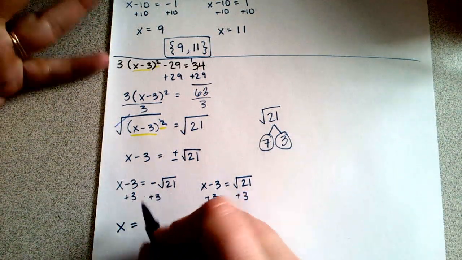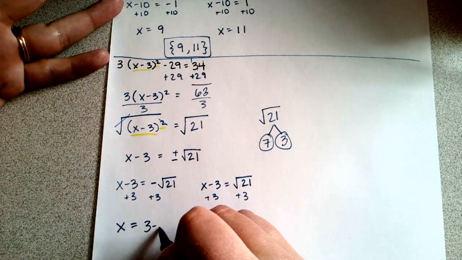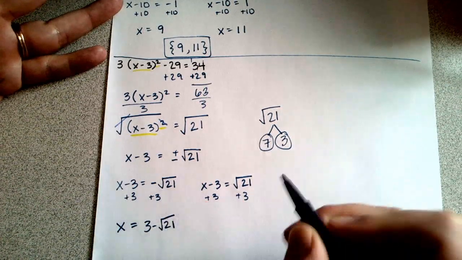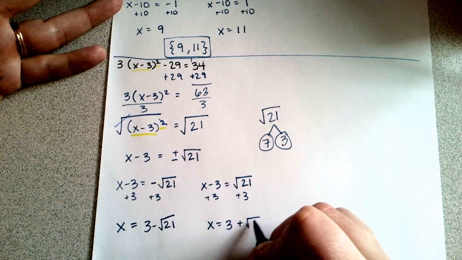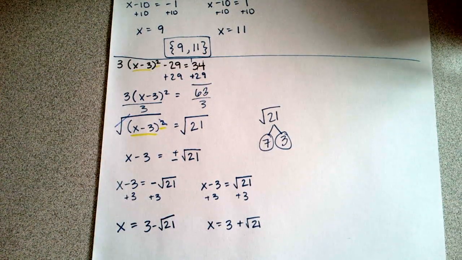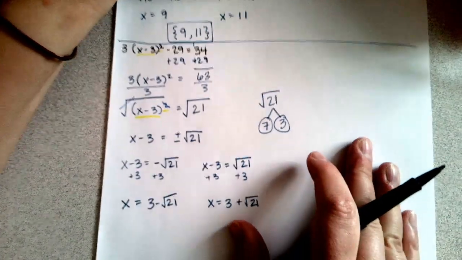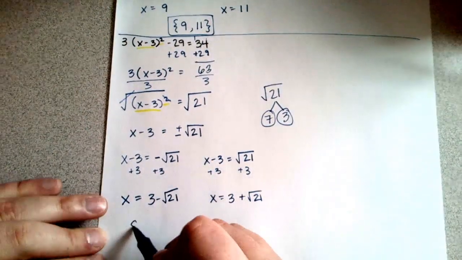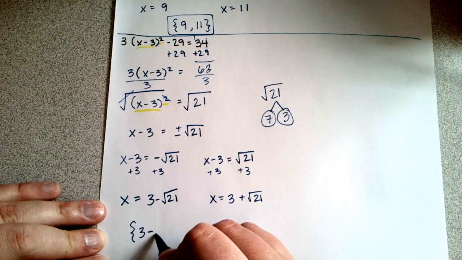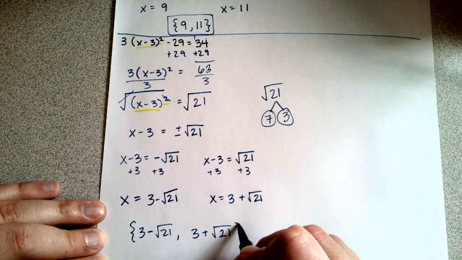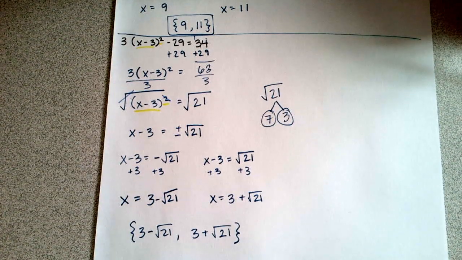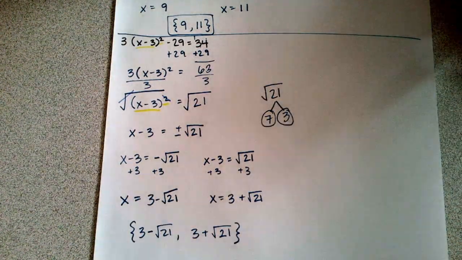And for this one, it's just x equals 3 plus the square root of 21. There's no extra combining that you get to do. So our two solutions here are 3 minus the square root of 21 and 3 plus the square root of 21. These problems are certainly a little more lengthy and involved, but just be careful.